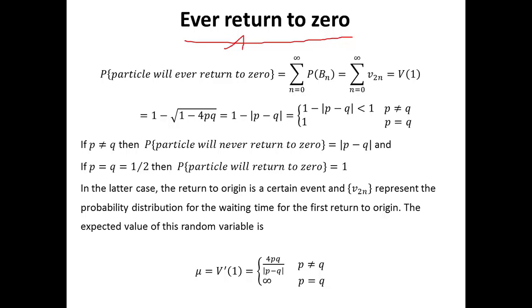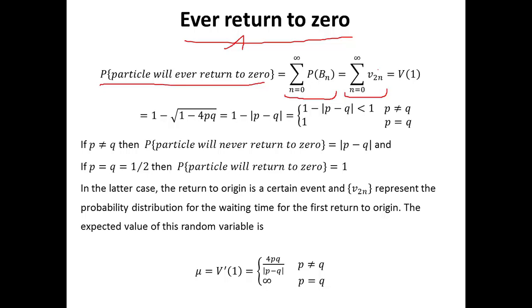This will be represented as the particle will ever return to 0, calculated as the sum for n equals 0 to infinity of the probability of the event v2n, because v2n represents the probability that the particle will return to 0 for the first time after the 2nth trial.